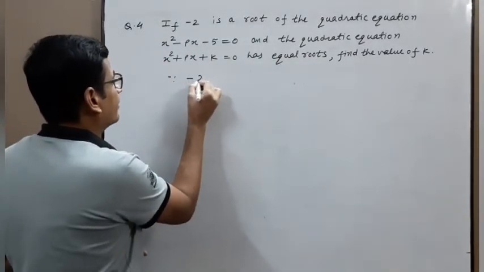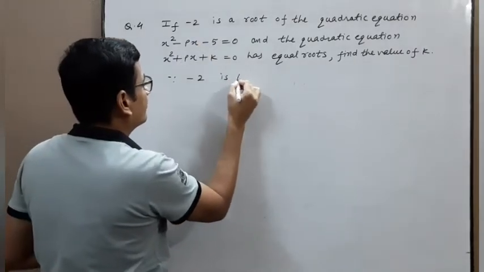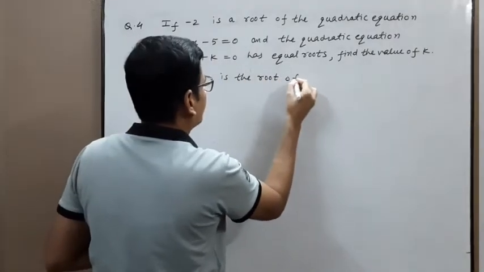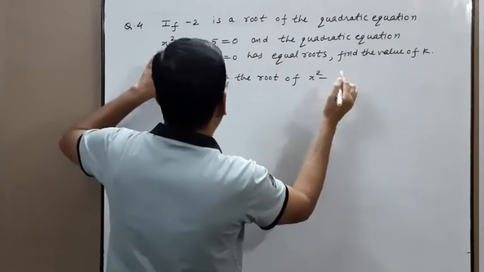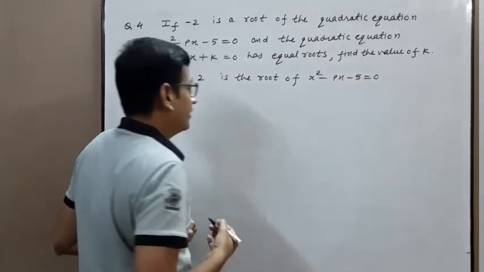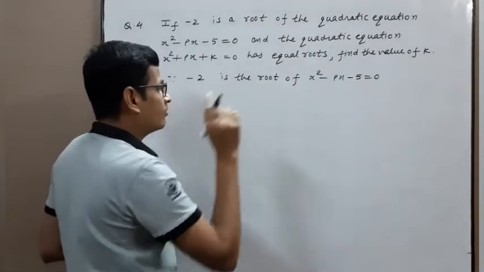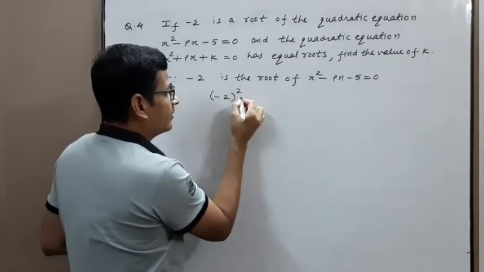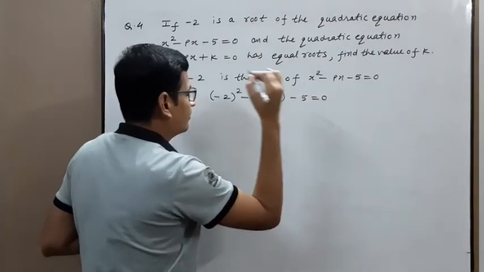Since minus 2 is a root of x square minus px minus 5 equal to 0, it means minus 2 will satisfy this equation. So put x equal to minus 2. So minus 2 whole square minus p into minus 2 minus 5 equal to 0.